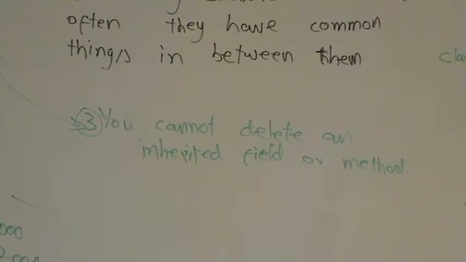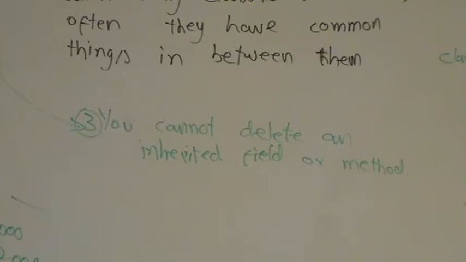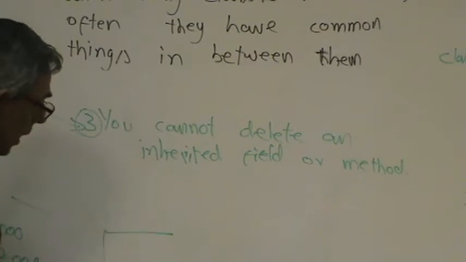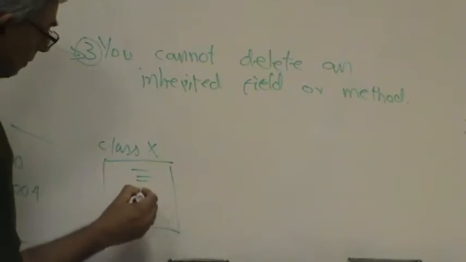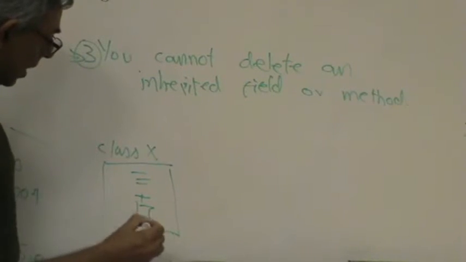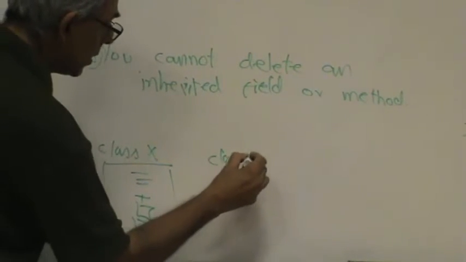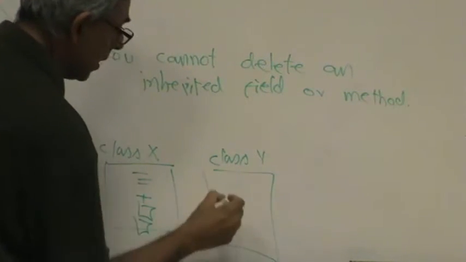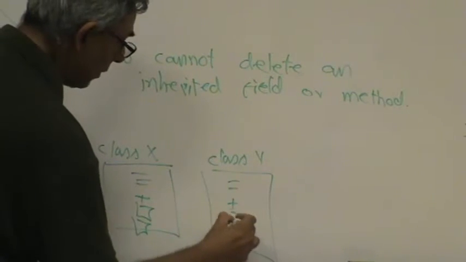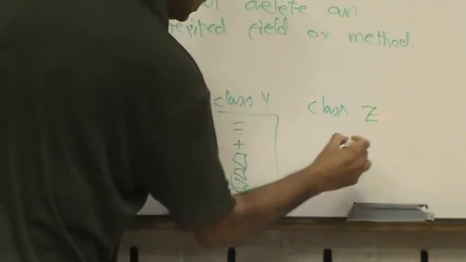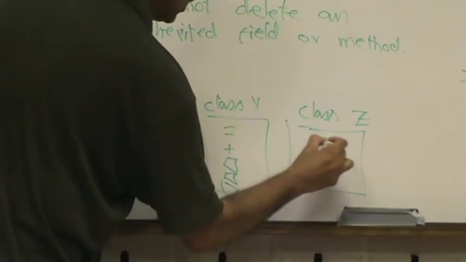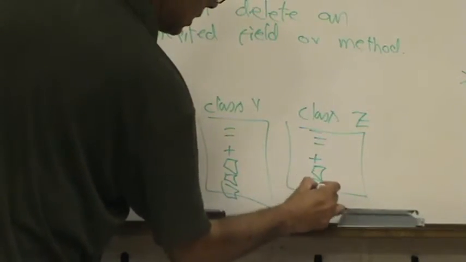When we use inheritance, let's say you created some class X, it has a few fields, a few methods. You created a class Y, let's pretend, it has a few fields, a few methods. You created a class called Z, let's pretend it also has a few fields and a few methods.